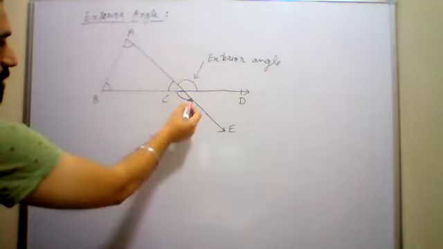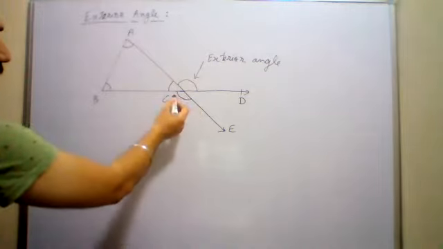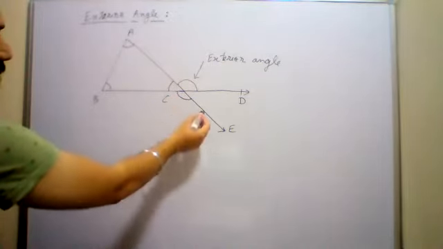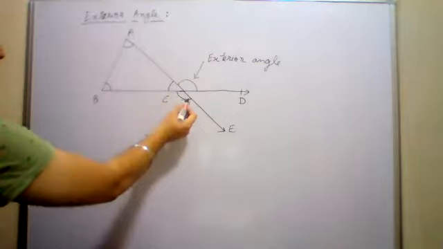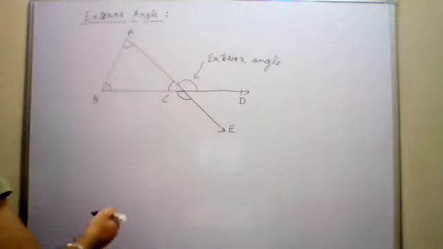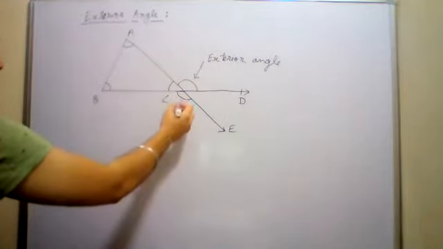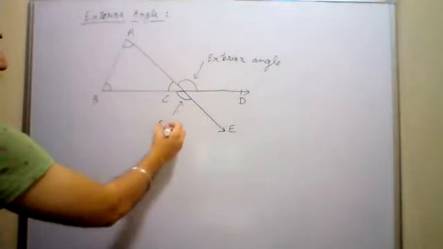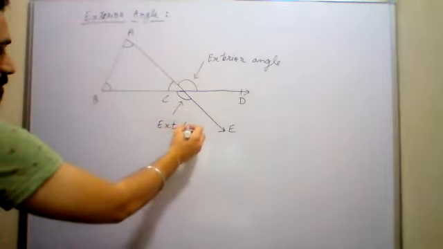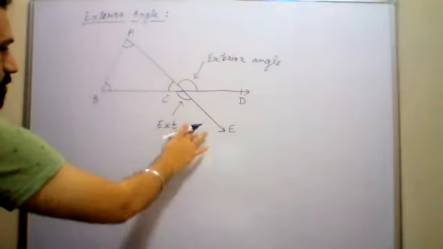Produce one side, and the angle formed with the other side is known as an exterior angle. So this is also an exterior angle.